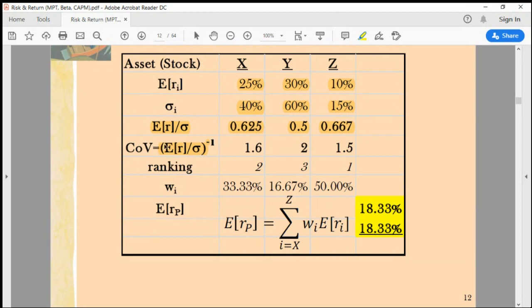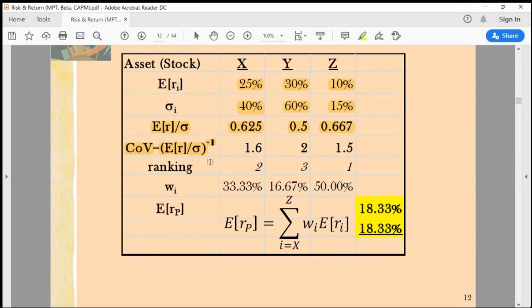And then also for the mean variance ratio, they have the reciprocal of the mean variance ratio. Look, this is a reciprocal, right? Mean variance raised to negative 1, that's the reciprocal, and that's the coefficient of variation.